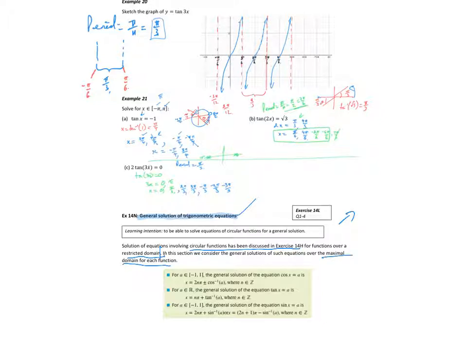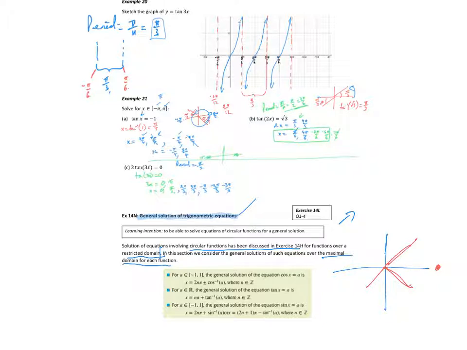Okay, so if we're trying to remember what the general solutions are, think about where the cosine function is positive or negative. Cos is positive in the first and fourth quadrants.